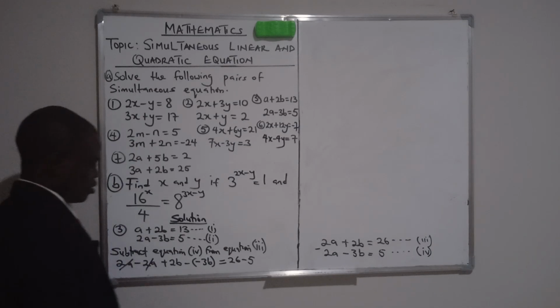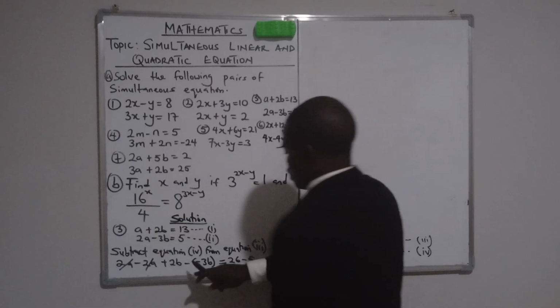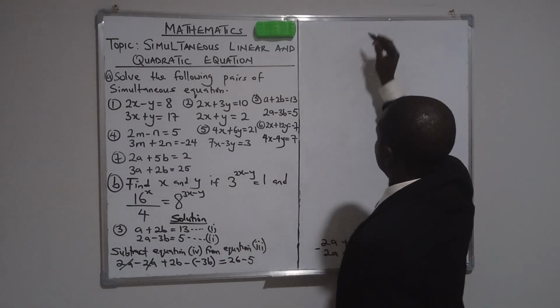2a will cancel 2a. Negative times negative will give you positive.